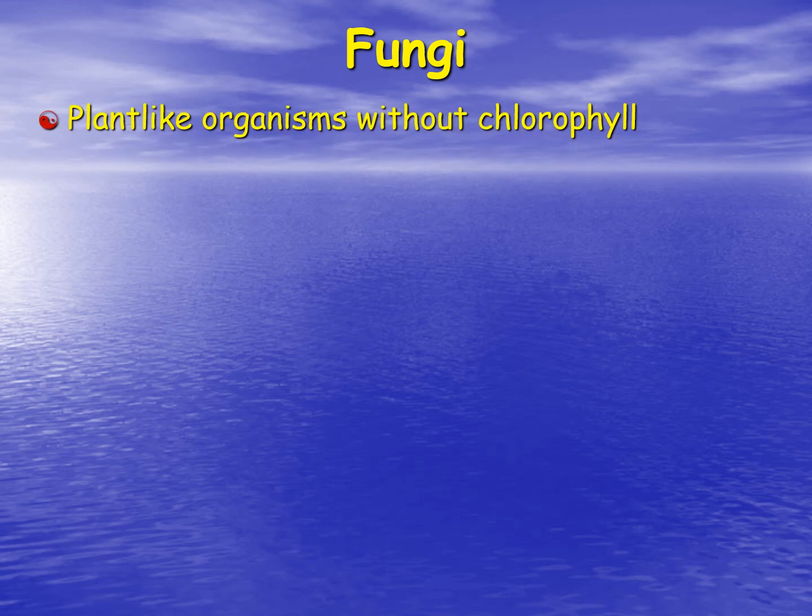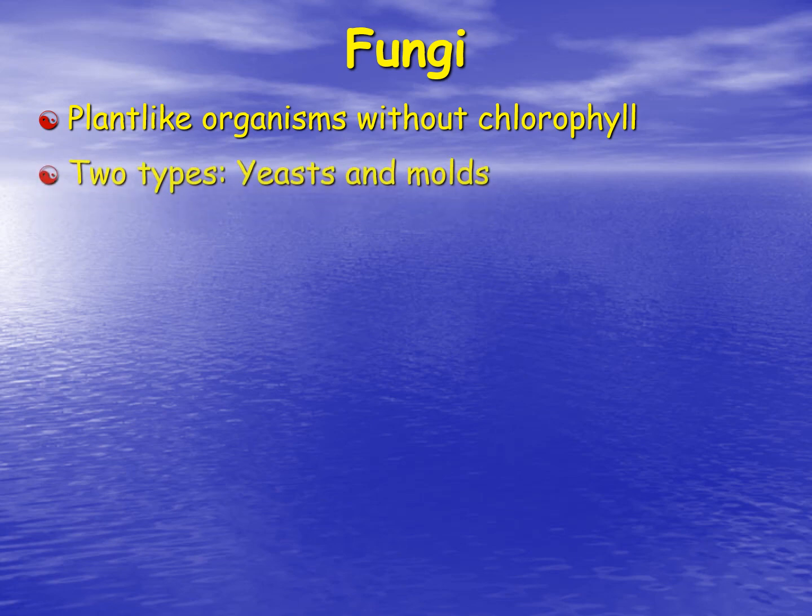Right, what about the fungi? Well, these are plant-like organisms that do not contain chlorophyll, so they have to get their food from the surrounding environment. If they get their food from dead organic matter, they're known as saprophytes. If they get their nutrients from living tissues that they're on, then they are known as parasitic fungi.